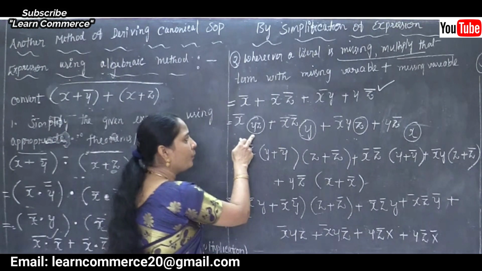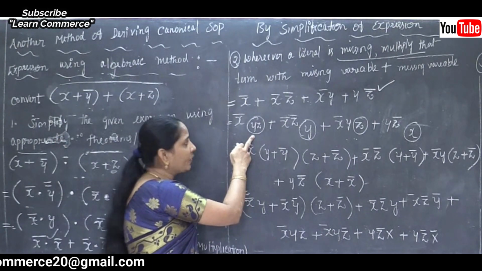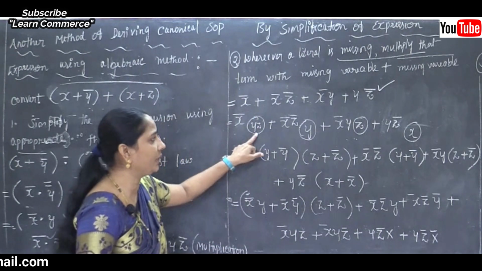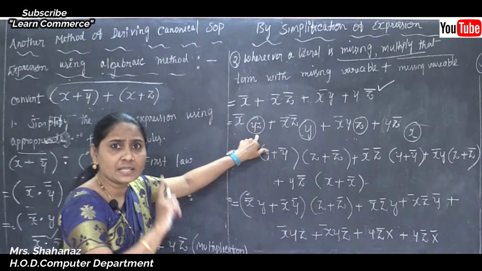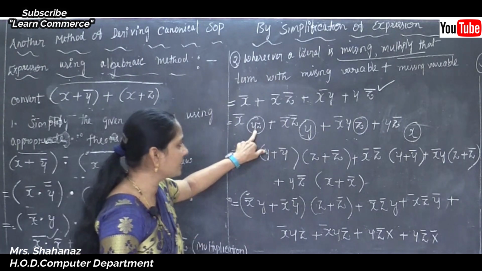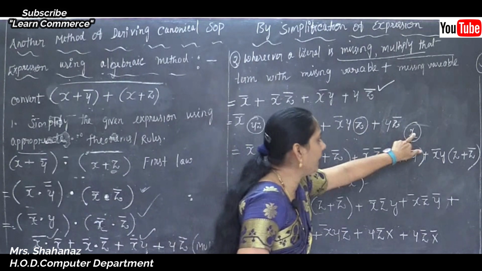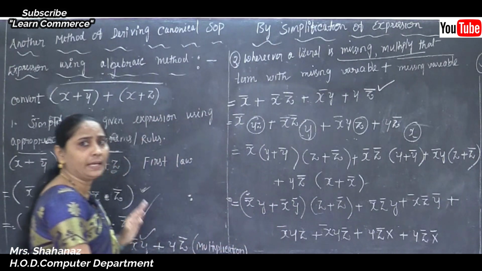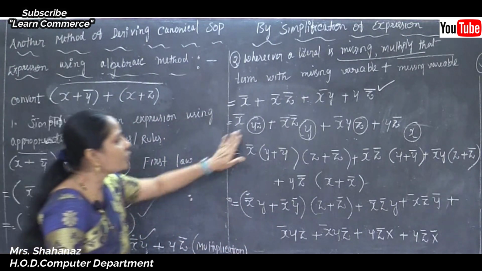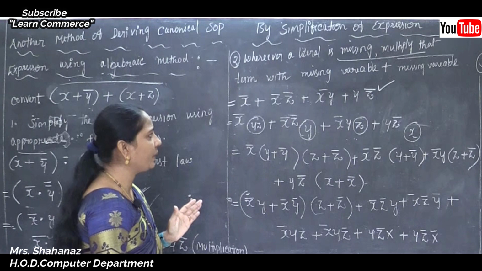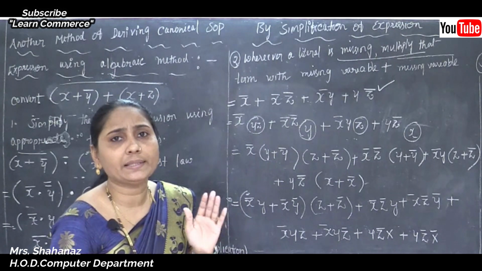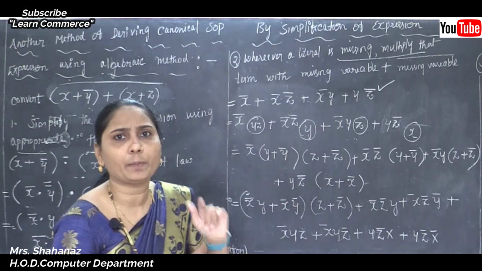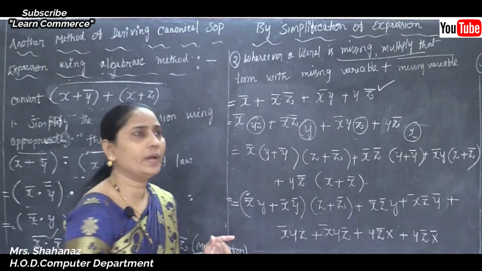So I write it using a circle. Whatever variable is missing here, I write using the circle in this case: y, z and x, for your easy understanding. Clear this point here? So now, whatever variable is missing, I am going to use the method. The method is to multiply that term with the missing variable plus complement of the missing variable.